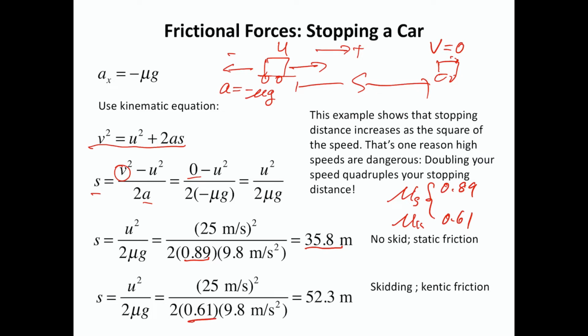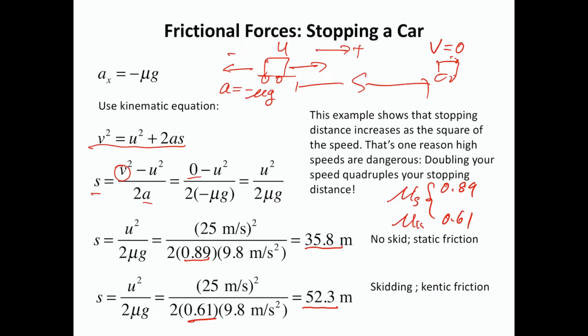If you use kinetic, 56.3, which is longer. Static is shorter. Makes sense? Because the static coefficient is higher. So if you substitute this one with the static coefficient, you stop here; with kinetic, it will move farther.